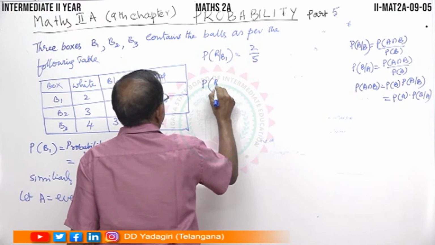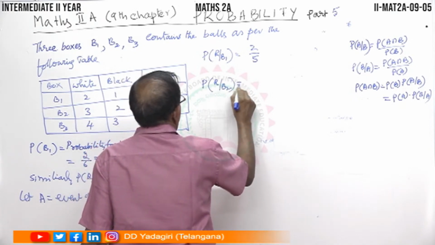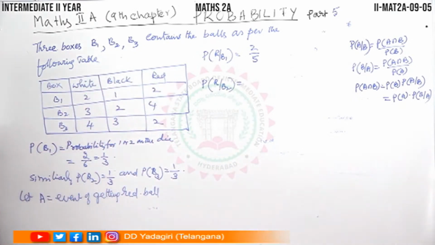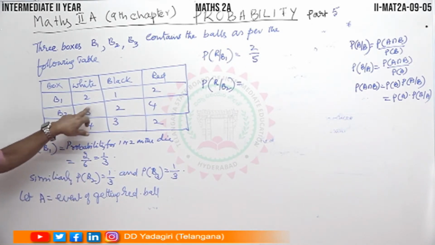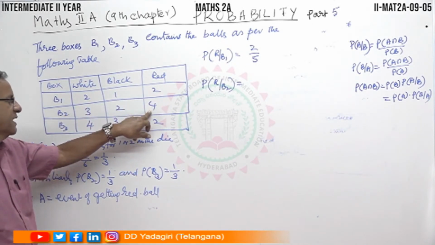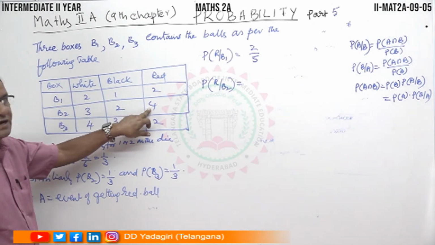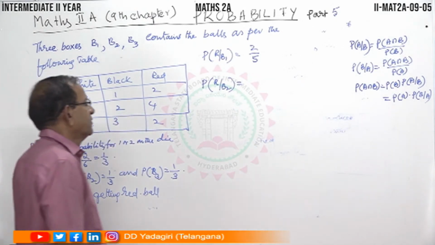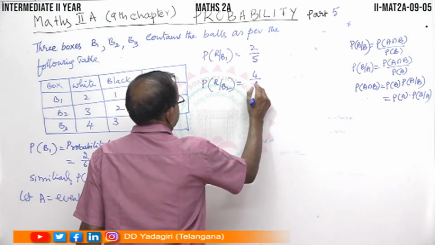P of R given B2. That is the probability for a red ball from the second box. How many balls are there? 3 plus 2 plus 4, that is 9. Out of that, 4 are red. So it is 4 by 9.